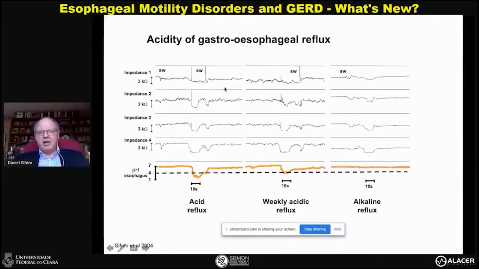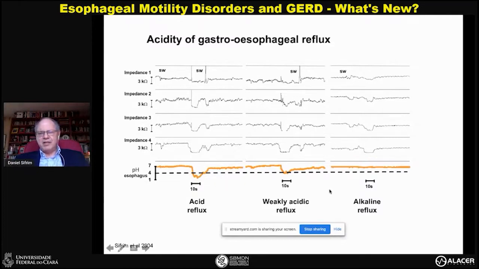Now, if we combine the impedance measurement with a pH measurement, and we see a reflux episode of liquid and a little bit of gas because there is this spike, and there is a pH drop that crosses the threshold of 4, we are talking about an impedance reflux episode that happens to be acid.